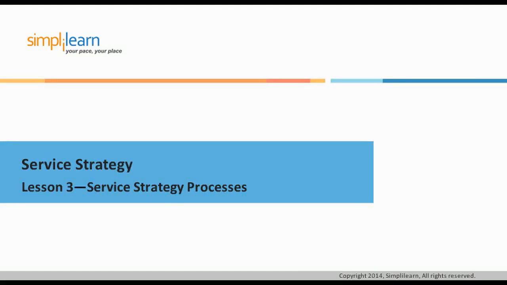This lesson will help you to understand what service strategy is, its importance, and how it adds value to business. This lesson also focuses on classification of services based on the customer's requirement. Let us explore the objectives of this lesson in the next screen.